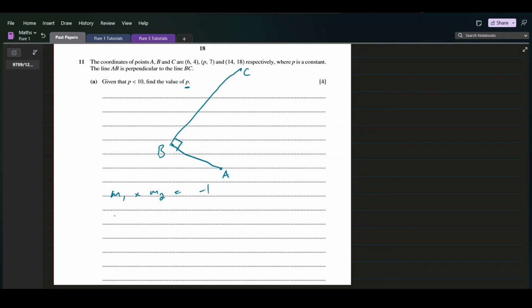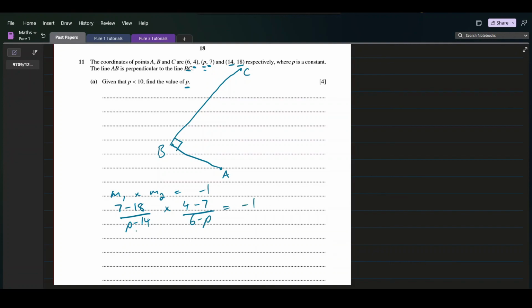The gradient of BC would be 7 minus 18 divided by p minus 14, and this is being multiplied by m2, which is the gradient of AB. So that's 4 minus 7 over 6 minus p, and this is all equal to -1.